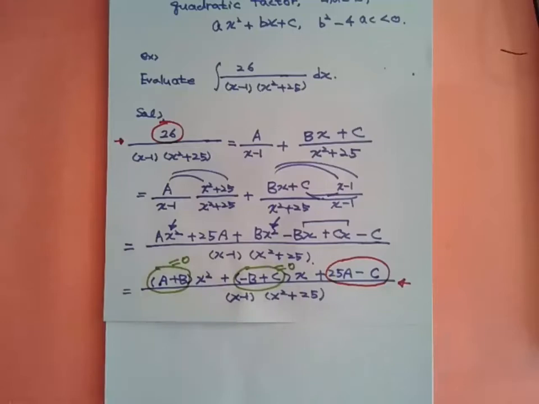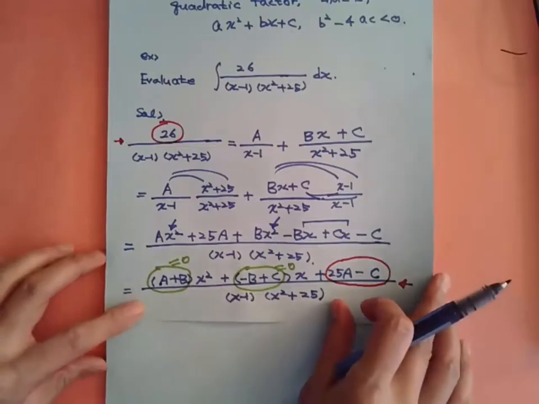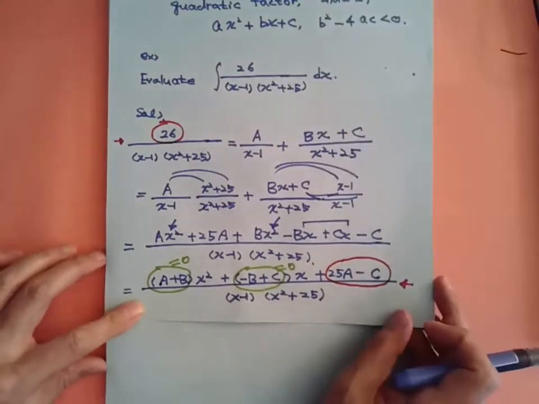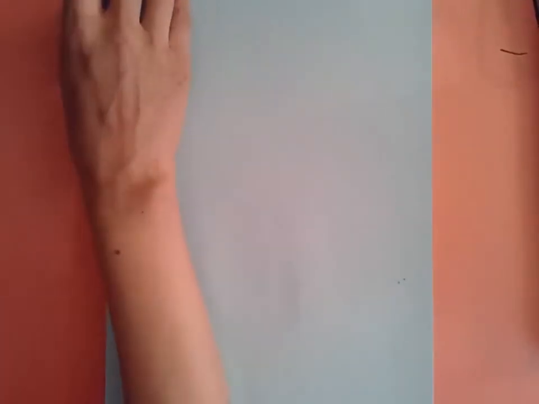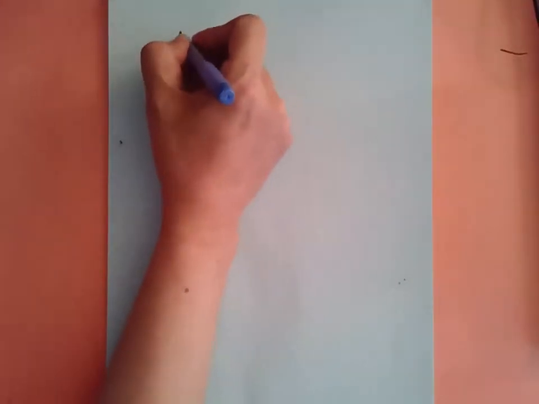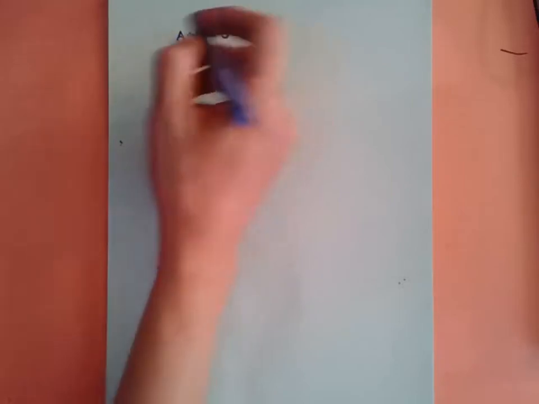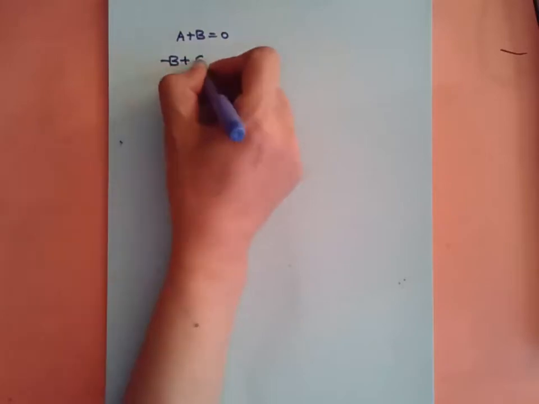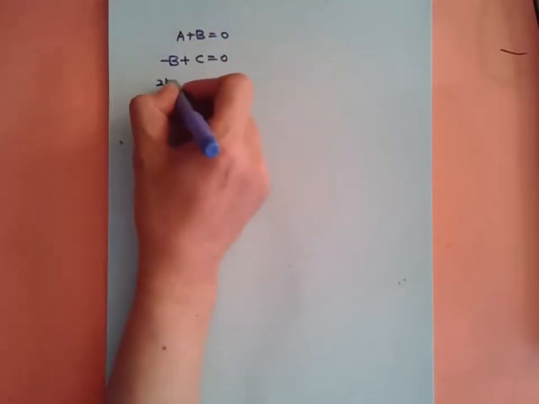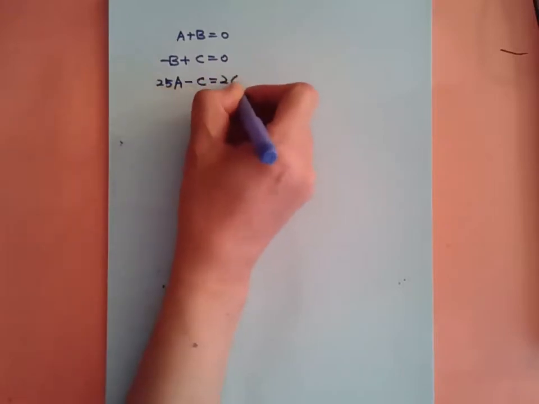So we are getting 3 equations: a plus b equals 0, minus b plus c equals 0, and 25a minus c equals 26.